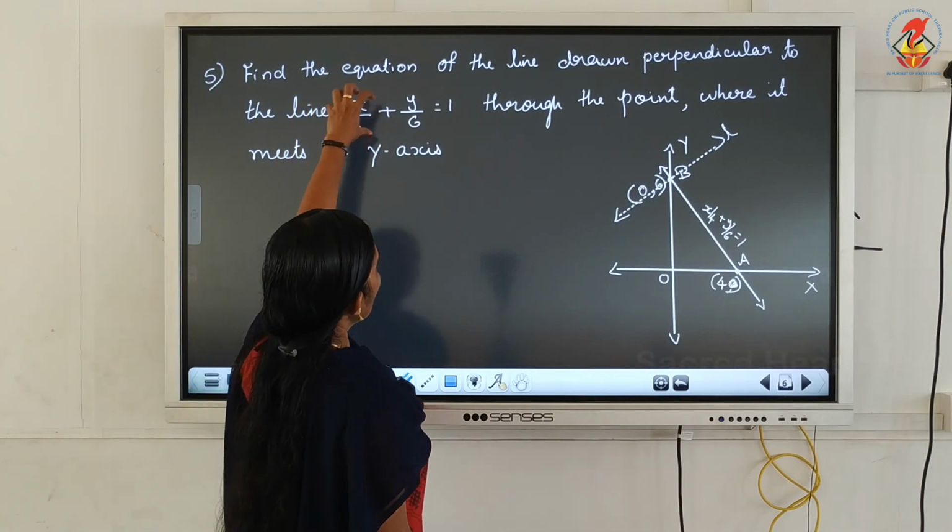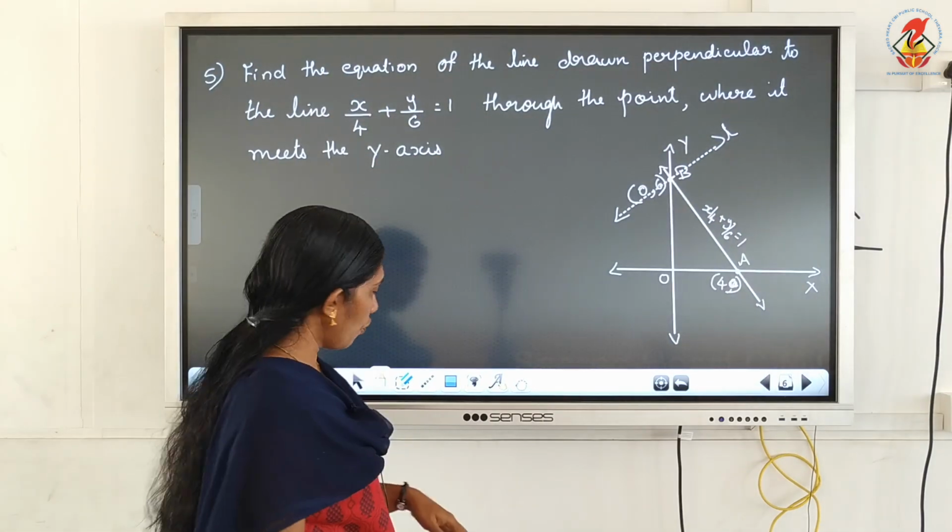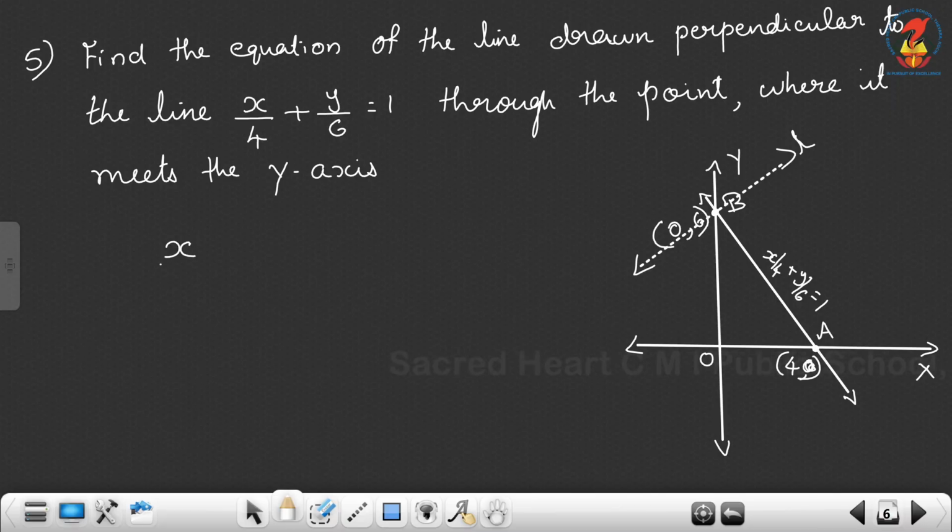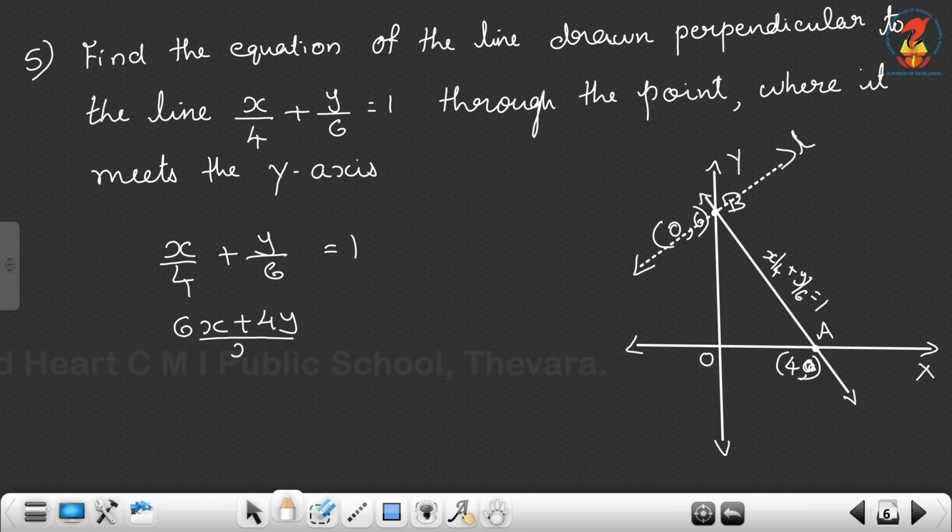Before that, the given line is not in the general form, so we can reduce it to the general form, then find the slope. Cross multiply: 6x plus 4y by 24 is equal to 1, or 6x plus 4y is equal to 24. So this is the equation of the given line.